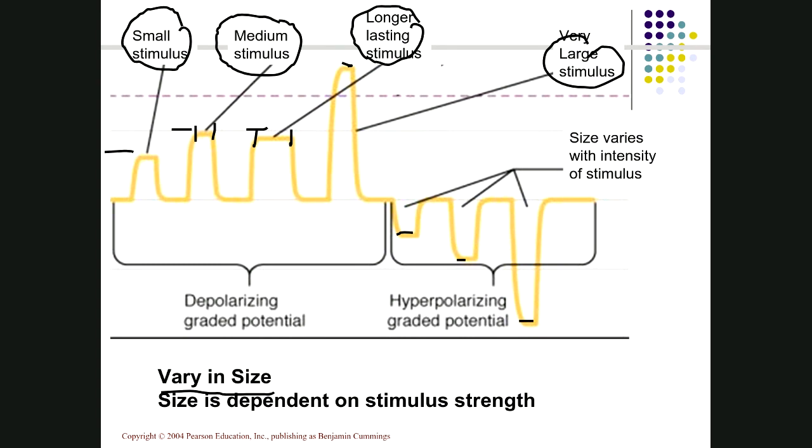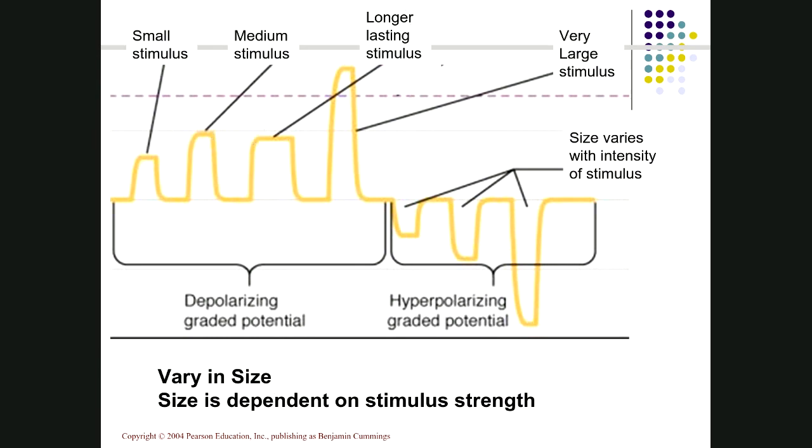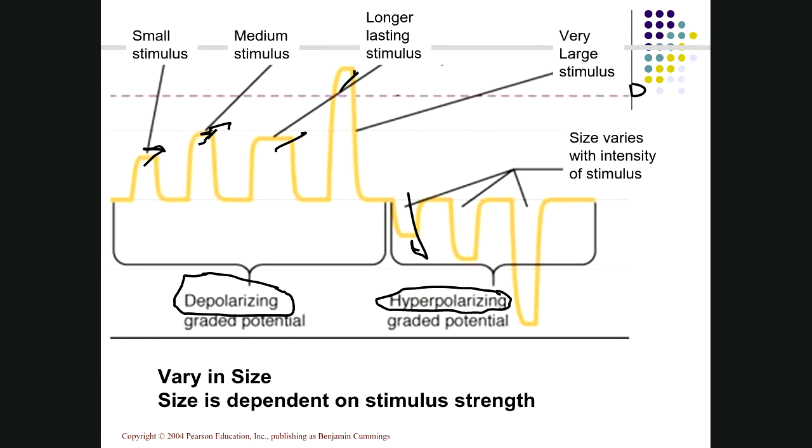And if you look at this, they can be depolarizing or they can be hyperpolarizing. Depolarizing, remember, goes towards zero. It goes this way. And if this one goes away from zero, it goes this way.